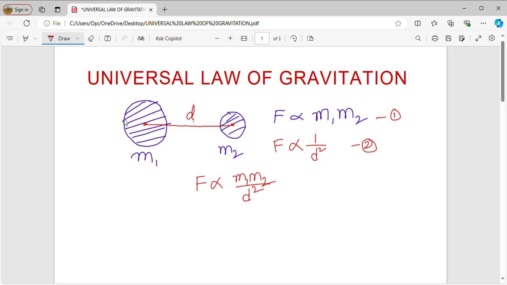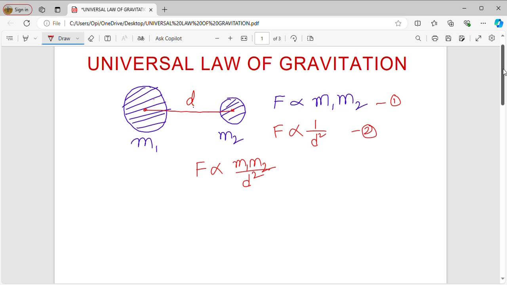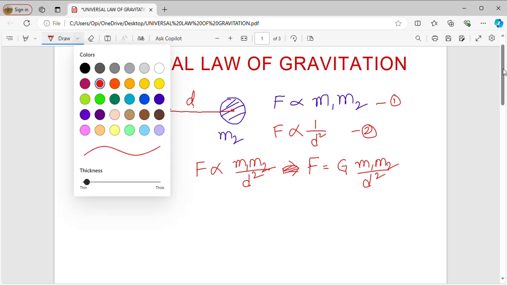But we already know that according to mathematical rules, we can remove this proportionality. When we remove the proportionality, we have to introduce a constant. We are introducing a constant, which is capital G. We have to name it.